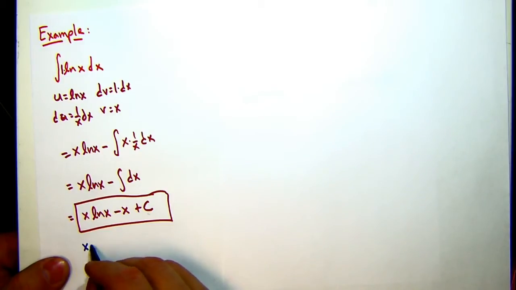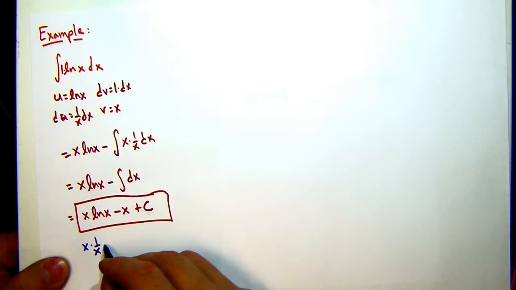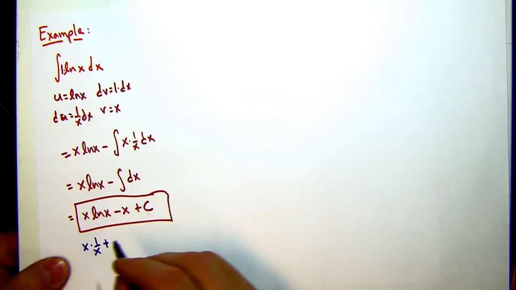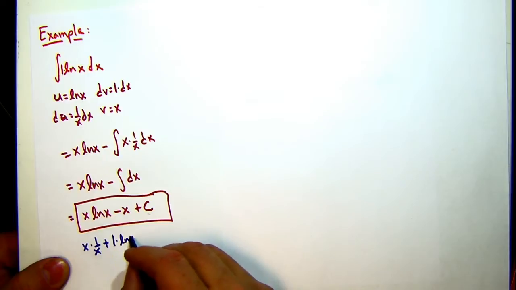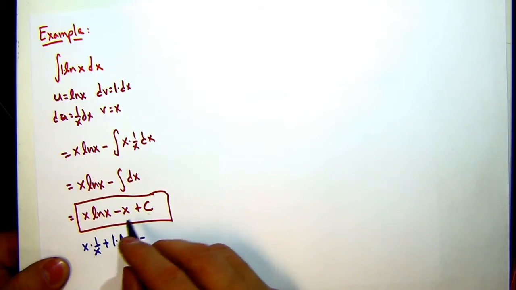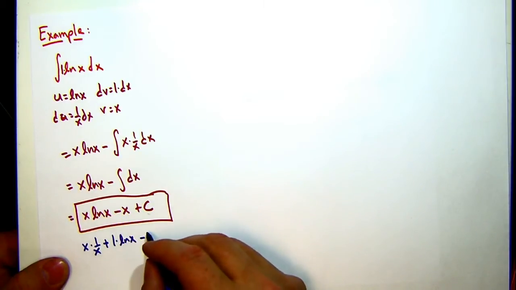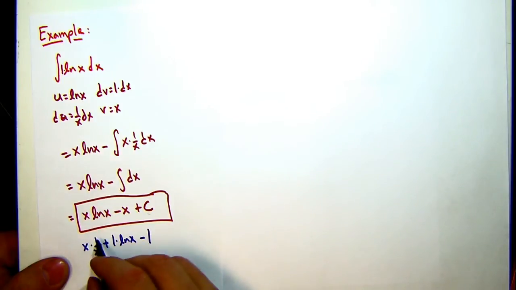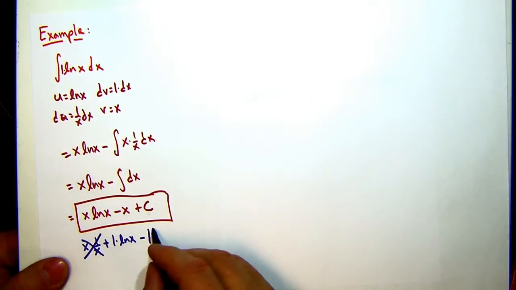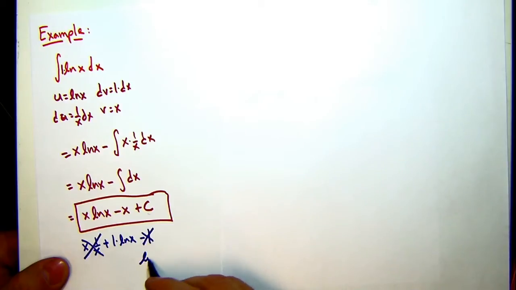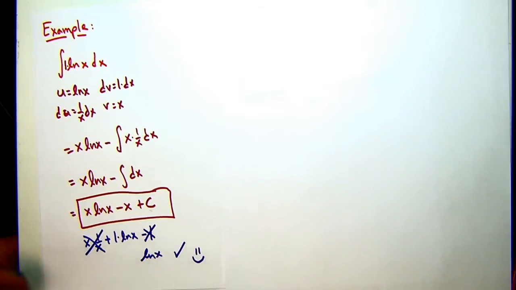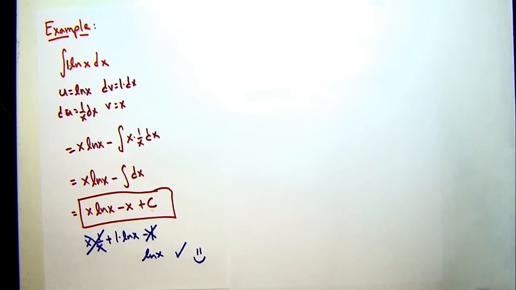If I took the derivative, it would be the first times the derivative of the second, plus the derivative of the first times the second. And then I have to subtract the derivative of x, subtract 1. And you'll see that x times 1 over x cancels with 1. So the derivative is log x, which checks out. So we definitely succeeded.